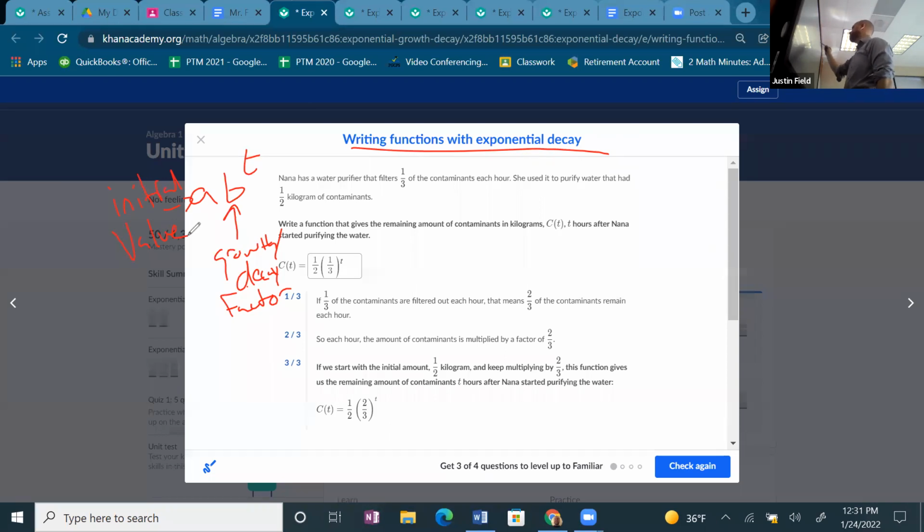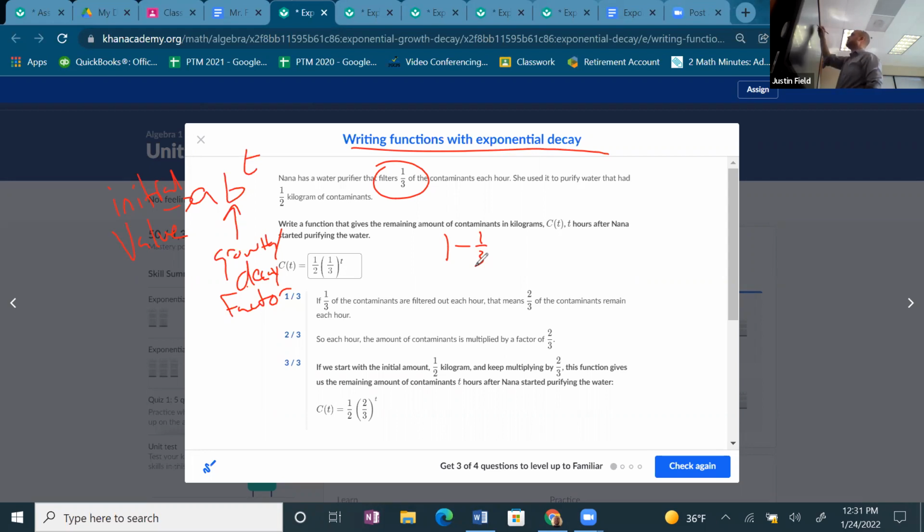Here's the thing. I got this wrong because I just put 1/3. But 1/3 is being taken away. So we have to remember that we always start with 1. For the decay factor, it's important to subtract away the percentage decrease, or in this case the amount decrease, to get the decay factor.